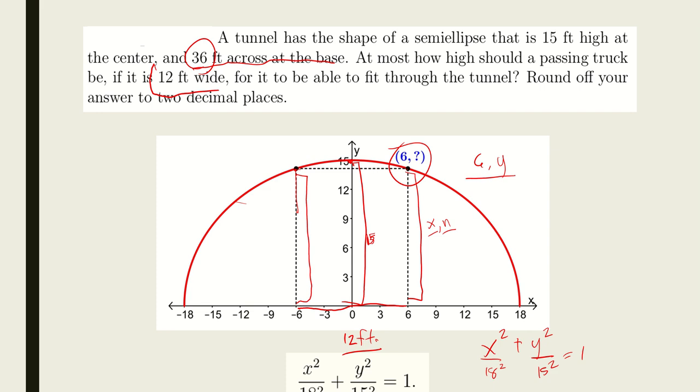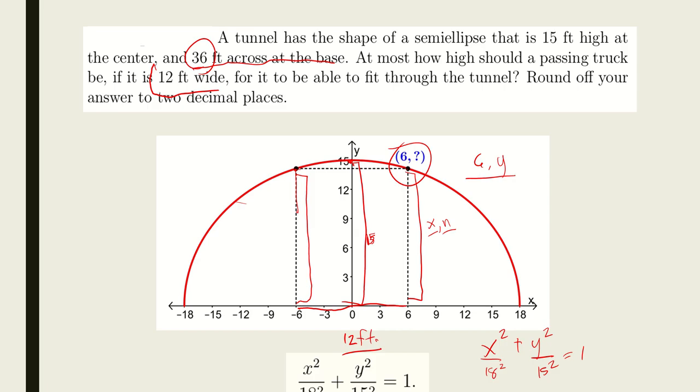Remember that in this type of ellipse, the x has a denominator of 18 squared. It's because it's 18 units to the left and 18 units to the right. This is only a semi-ellipse. We did not complete the ellipse yet, okay?